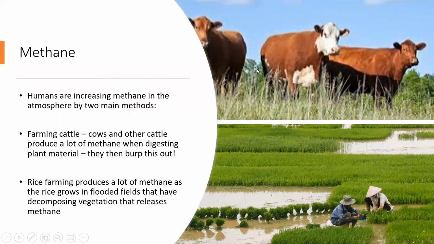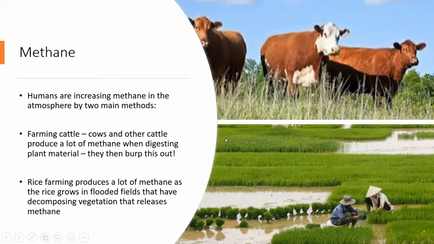Most of it actually comes out of the front end of the cow when they burp, because they've got four stomachs, as you may know, and they digest a lot of grass and it breaks down into gas, which they burp out. But if there are lots and lots of cows all over the world doing this, it can be quite a big contribution to the methane in the atmosphere.